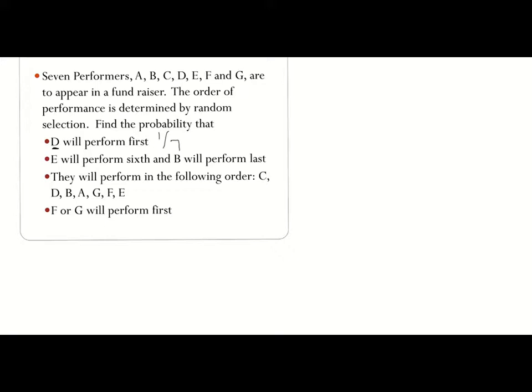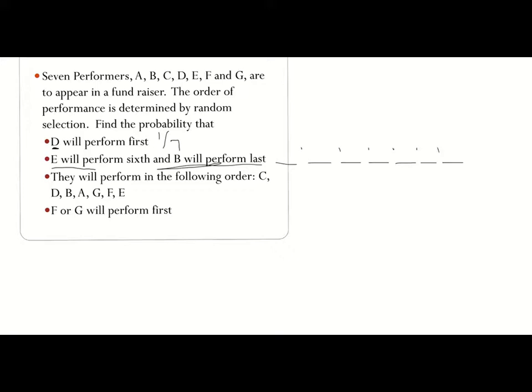Okay, next we have E will perform 6th and B will perform last. For that one, we need to first find the number of ways E performs 6th and B last. We have 7 performers, so I'm going to make 7 spots and put my multiplication symbol between them.